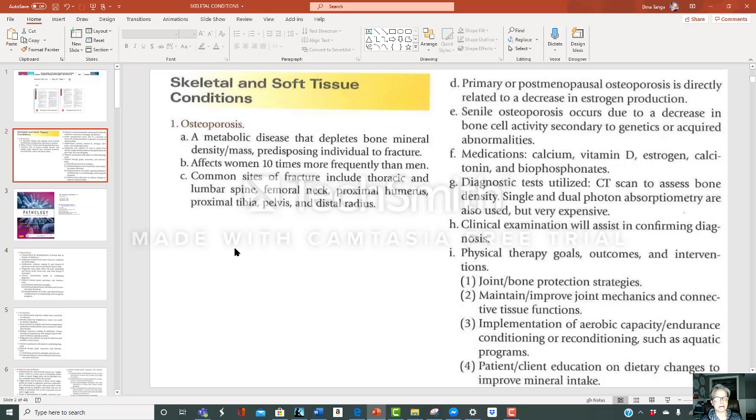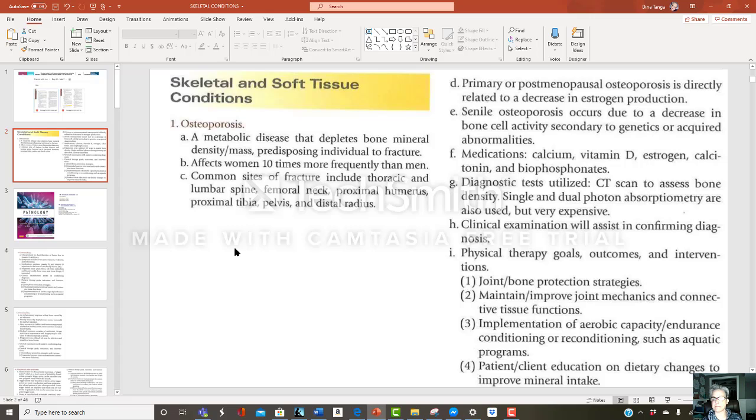Okay, so skeletal and soft tissue conditions. Osteoporosis, a metabolic disease that depletes bone mineral density mass, predisposing individuals to fracture. It affects women 10 times more frequently than men. Common sites of fracture include thoracic and lumbar spine, femoral neck, proximal humerus, proximal tibia, pelvis, and distal radius.